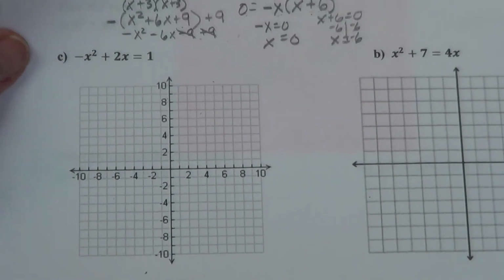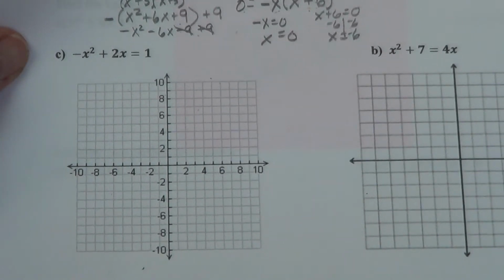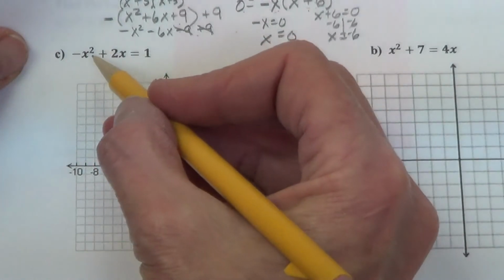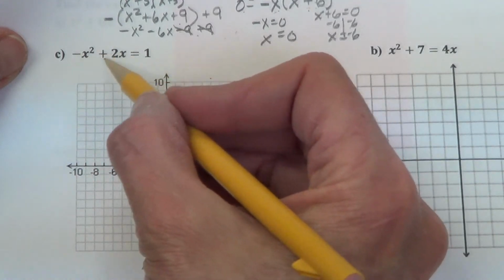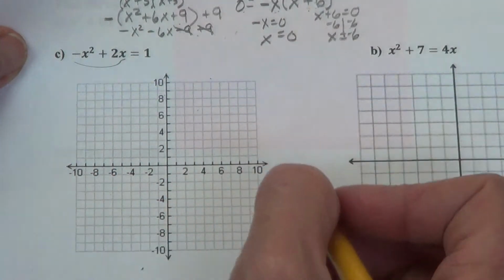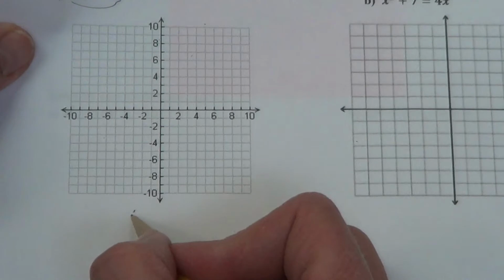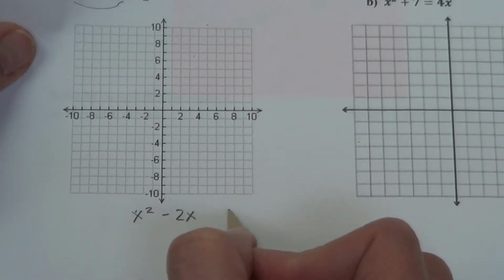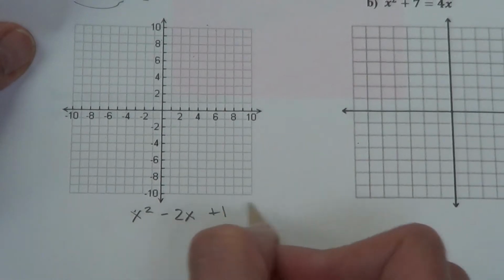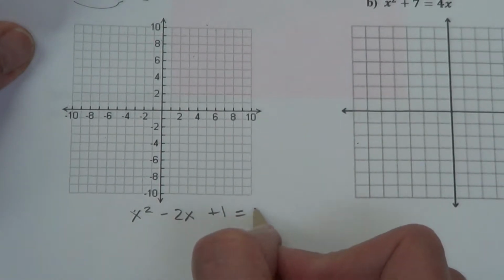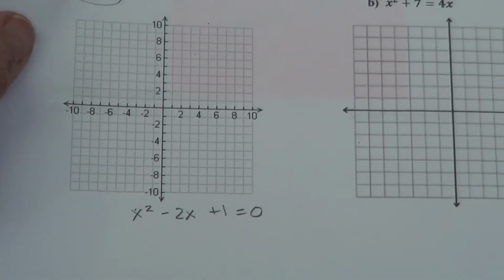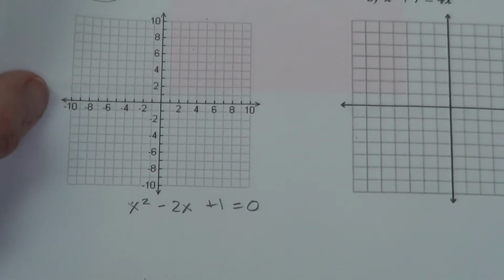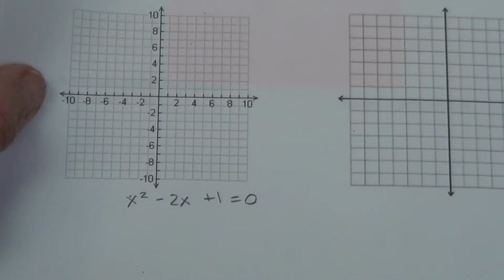This one's in standard form. Okay, so let's go ahead and bring these two terms across just to get that x squared positive. So we have x squared minus 2x plus 1 equals 0. Now, we're wanting to find where this crosses the x-axis.